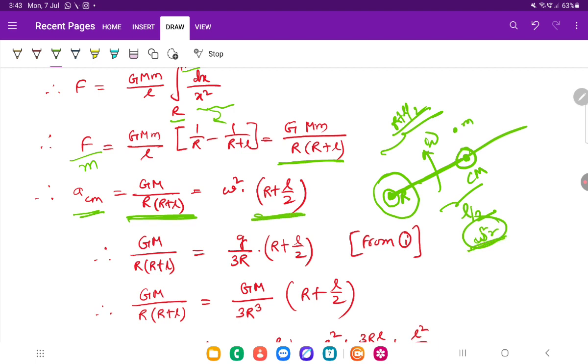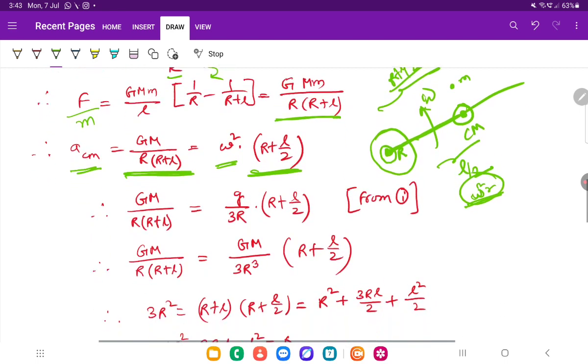So the center of mass is at a distance r plus L by 2 from the center of earth or planet. I may sometimes call it earth because that's the convention, but you just assume it as the planet mentioned in the question. So we'll equate a_CM with omega squared times (r plus L by 2).